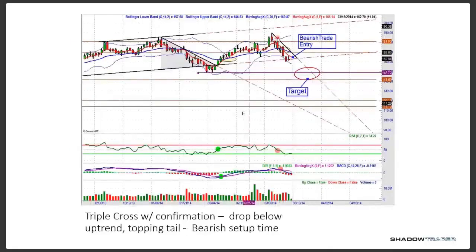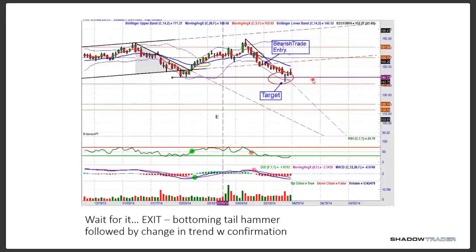That gave us an entry for a bearish trade. Here's a reversal. Target was down here. Continued to go. Came close enough to the target that we pulled the trigger and took the trade off.